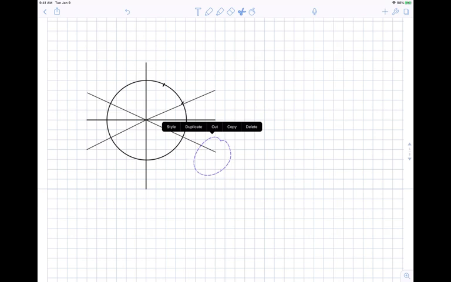Okay, and then let's go ahead and do this one. Oh, it's probably because of that, but that's okay. Okay, that'll work for me.